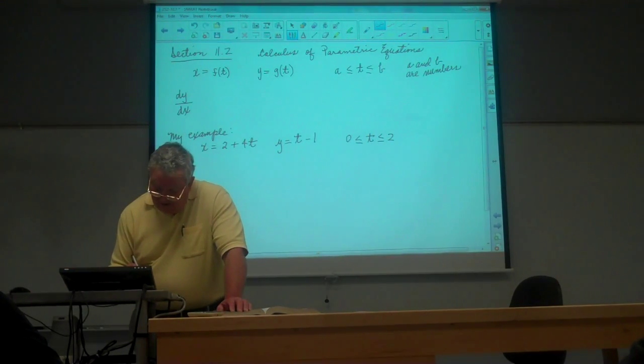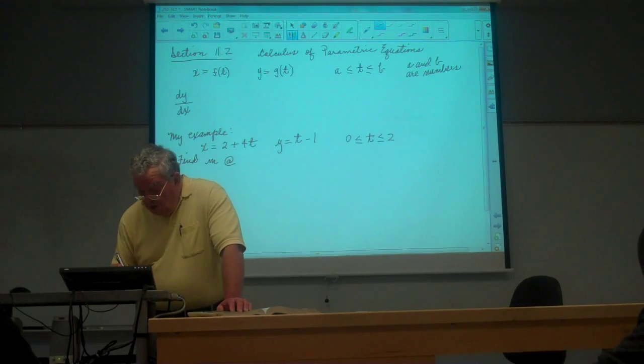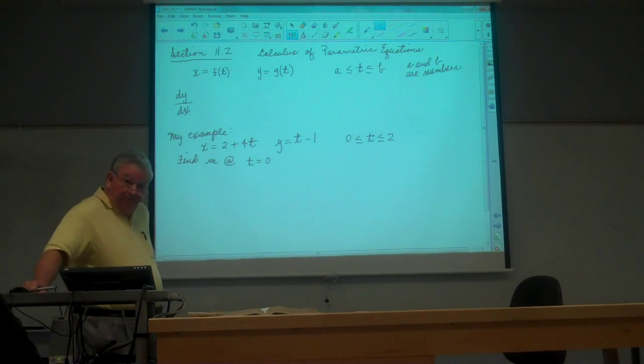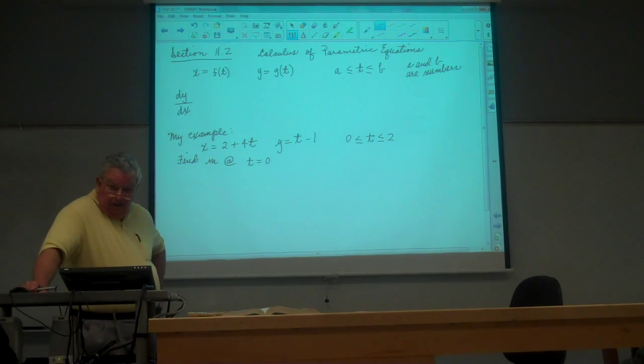Find M at, I'm making it up, hang on, at t equal 0. But you don't know how to do it. Except I think you do know how to do it.